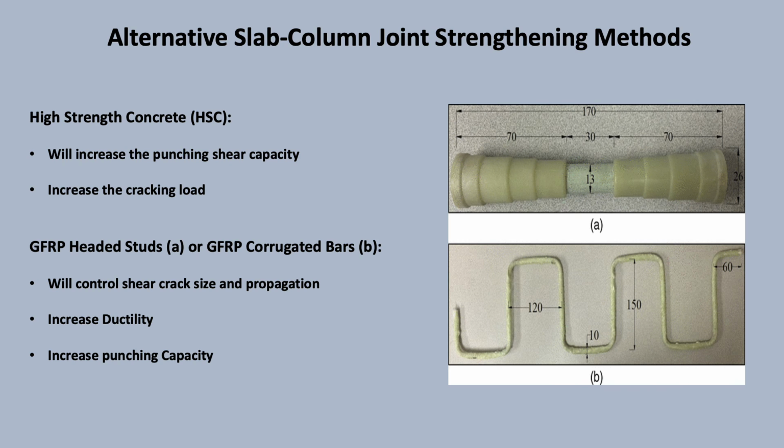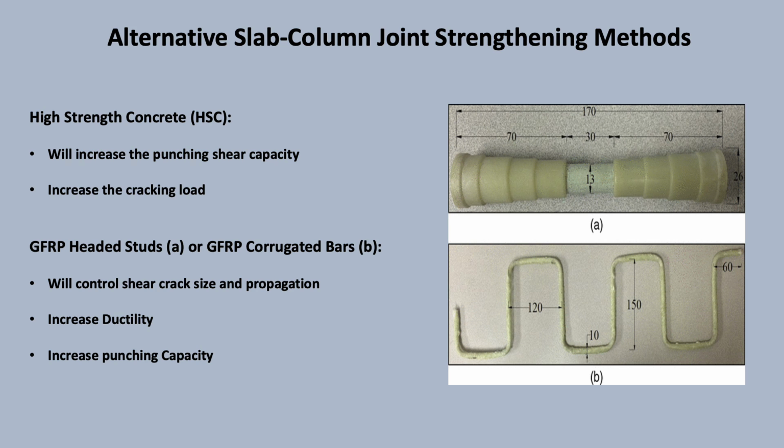Other alternative slab-column joint strengthening methods include the use of high-strength concrete and the use of glass fiber reinforced polymer headed studs or glass fiber reinforced polymer corrugated bars. Studies have shown that the use of high-strength concrete will increase the punching shear capacity and increase the cracking load.